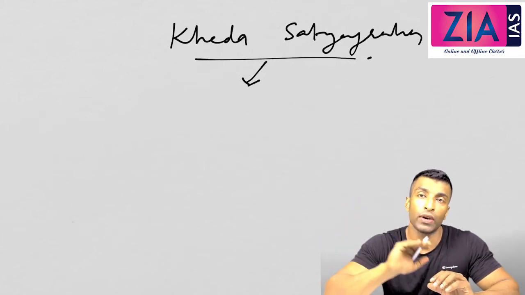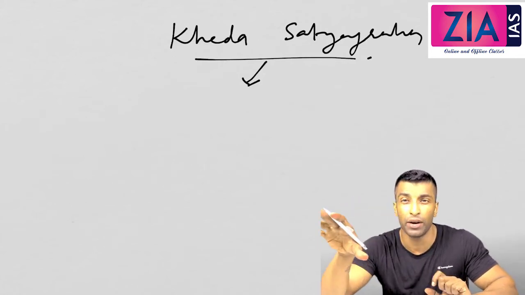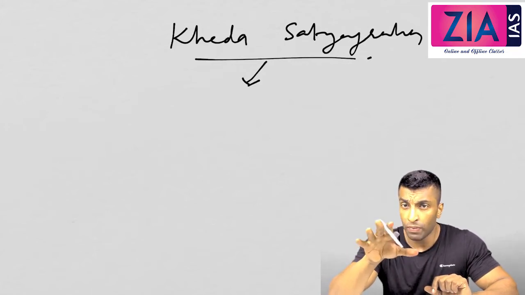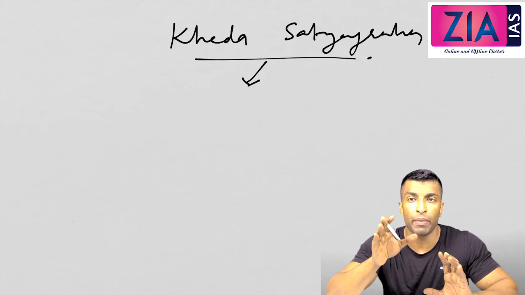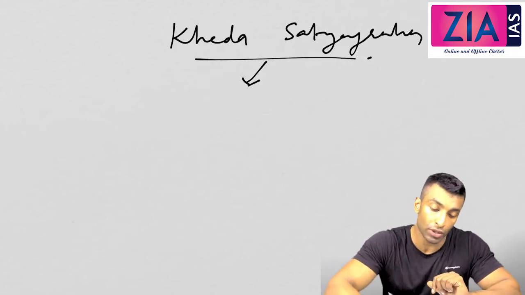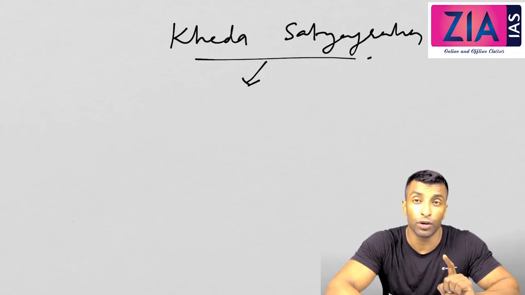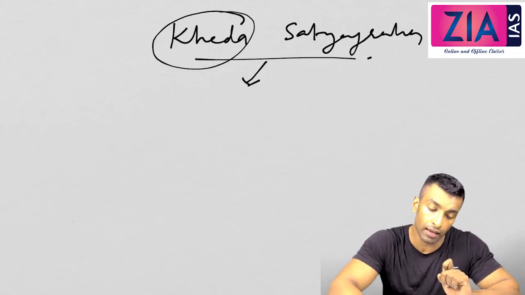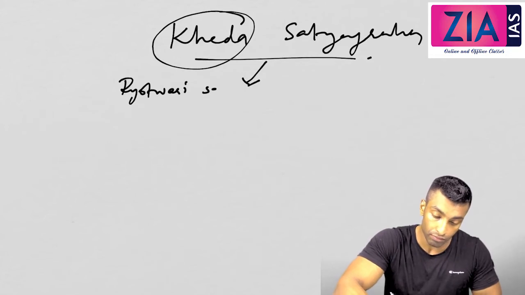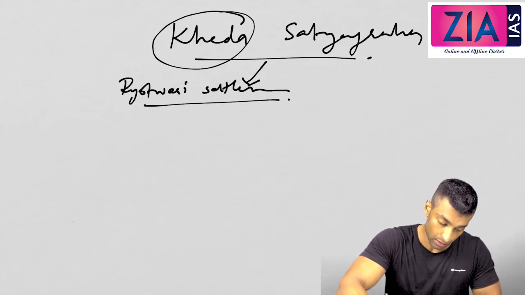When we discussed the Ryotwari settlement, I told you it covered entire Madras and the central provinces, and that was the one implemented in the maximum part of British India. So Kheda was actually part of the Ryotwari settlement, which was going on.